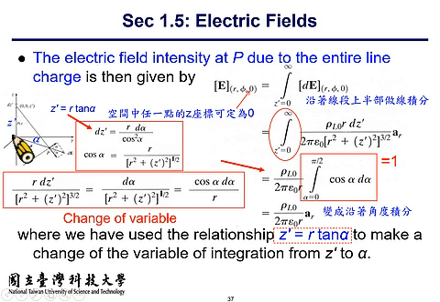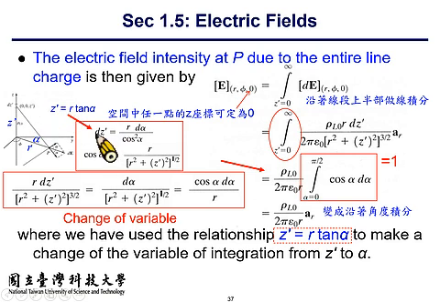So first, let's recognize this relationship. The distance z prime is the coordinate on the z-axis. The distance on this way is r, and the angle of this triangle is alpha. So z prime over r is actually tangent alpha. Okay? So z prime equals r tangent alpha. So here we are taking the differential of z prime.